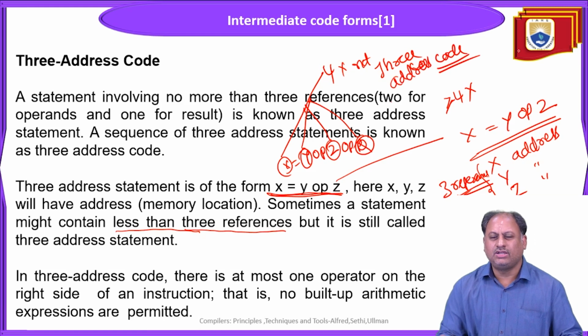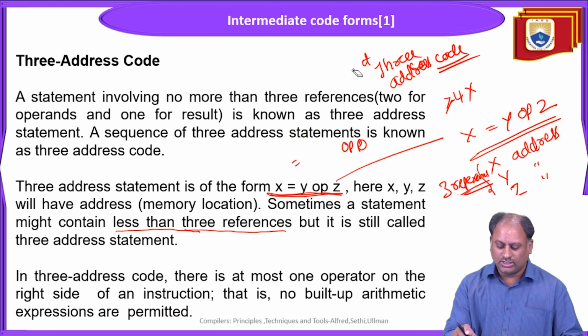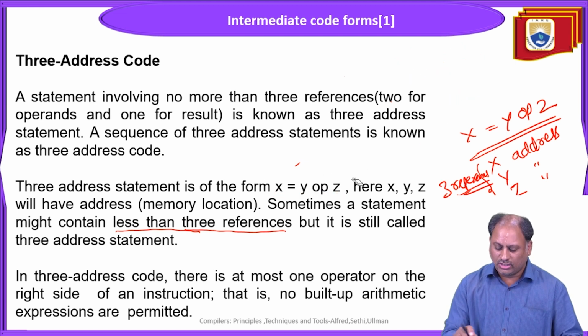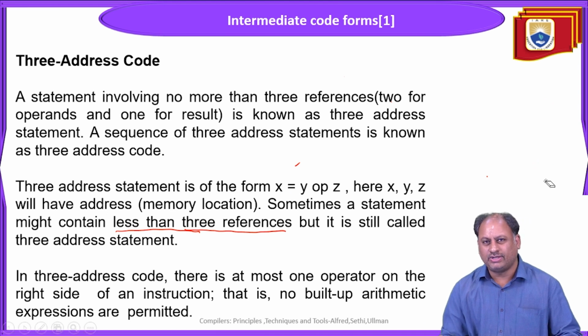Then we have to make sure, using other temporaries, to convert it into a three address code. We will discuss in the next session how it can be translated into three address code notation by using temporaries.